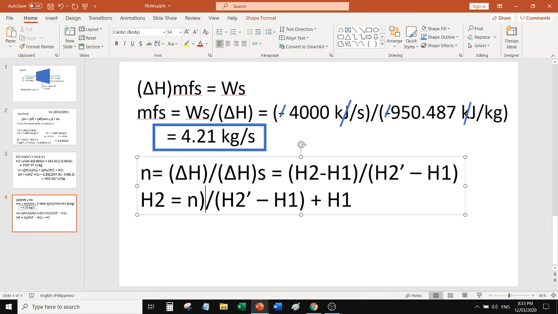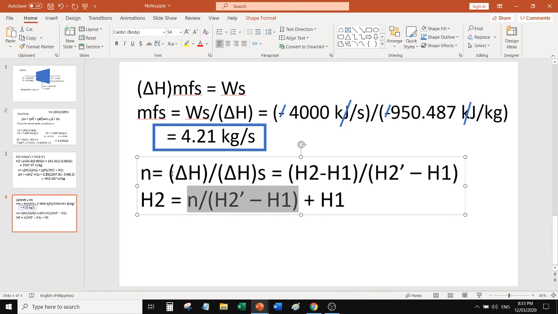Parang may mas madaling method dito. Ang mas madaling method is delta H actual plus H1.